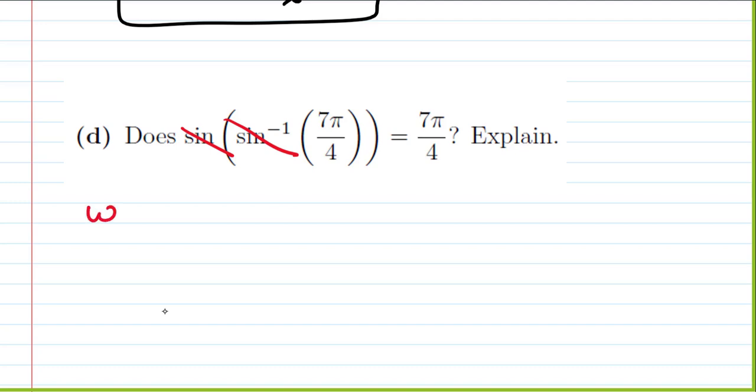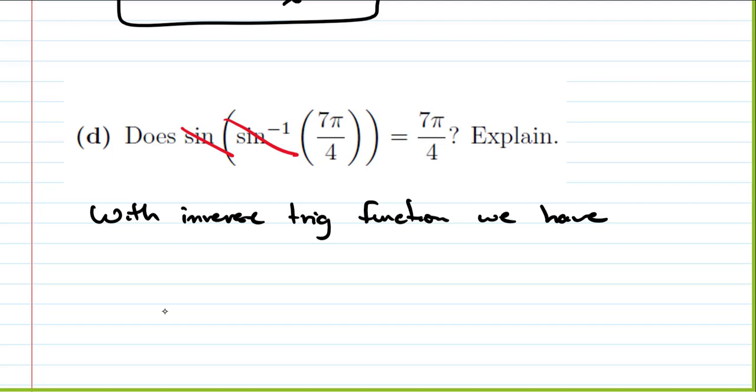With inverse trig functions, we have restricted domains.